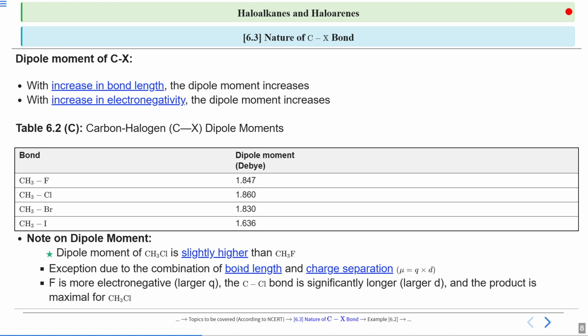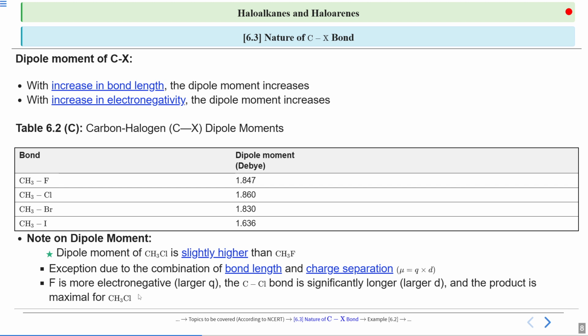Fluorine is more electronegative than chlorine, so it has larger q, larger charge. The C-Cl bond, that is the carbon-chlorine bond, is significantly longer, so bond length is increasing. That means it has larger separation, larger distance. So the product is maximal for CH3Cl.